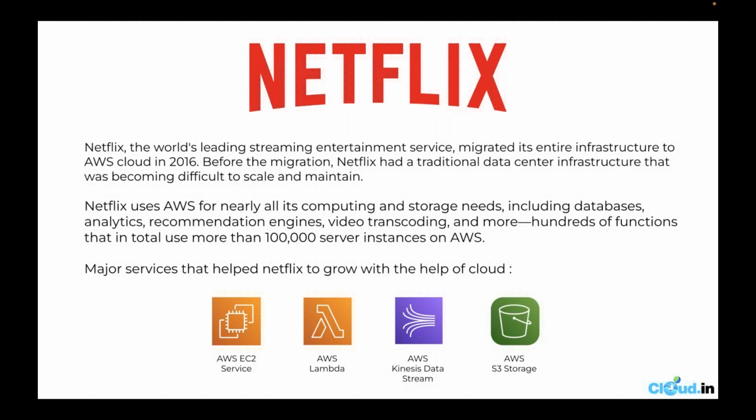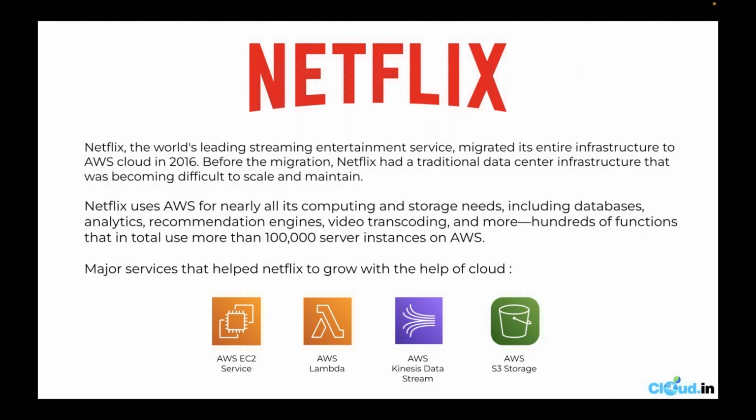To address these types of challenges, Netflix decided to move its entire video streaming infrastructure to the AWS cloud in 2008. The company chose AWS because of the scalability, reliability, and global reach, and it started migrating the applications to the cloud.